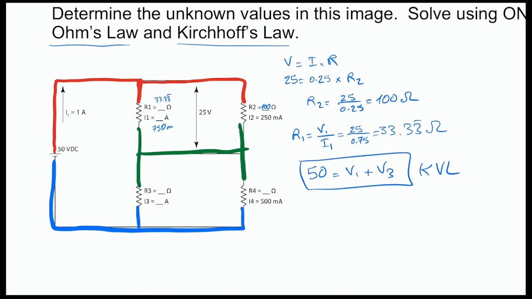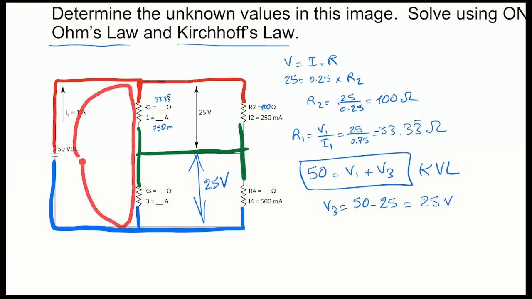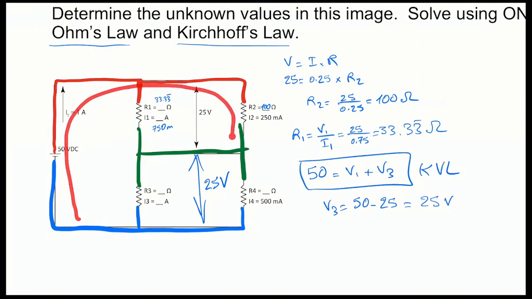Well, we know V1. So V3 then equals 50 minus V1, being 25 volts. So V3 is going to be 25 volts. So this here is going to be 25 volts. That makes sense because if we are generating 50 volts, it has to be consumed here and here in this loop, and if 50 volts is supposed to be consumed between R2 and R4 in this loop.